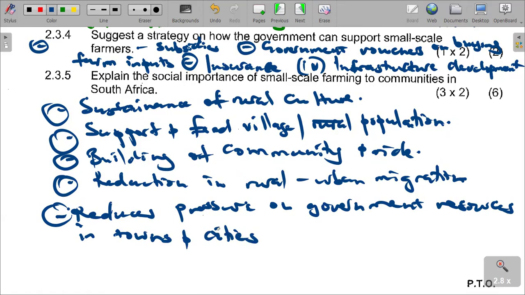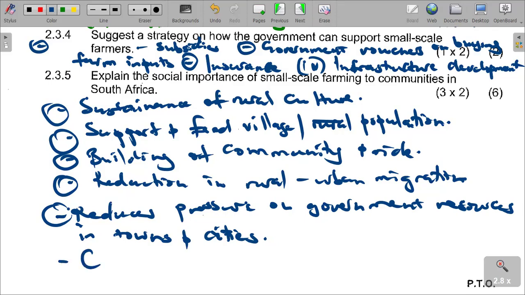So you can put as many answers as you want with regards to the importance of small-scale farming to communities in South Africa.